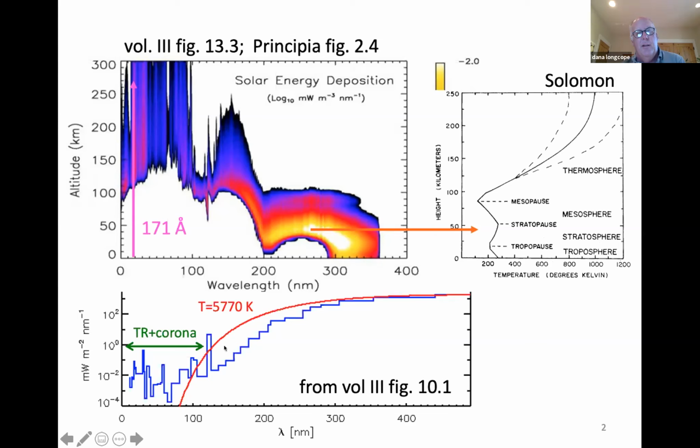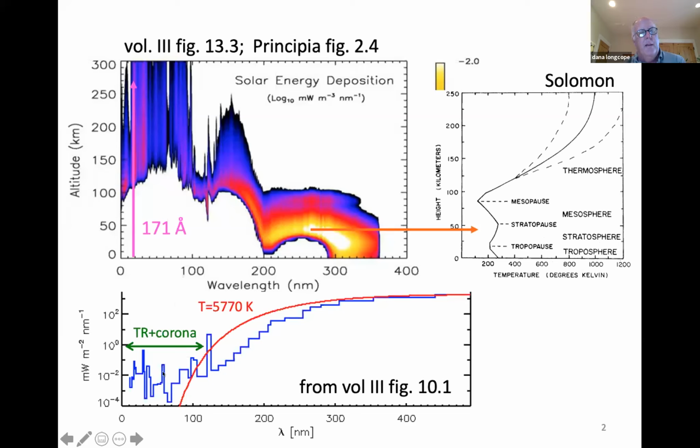And then the bottom figure is the spectrum in blue of solar radiation against the same wavelength scale. I tried to match it up using PowerPoint, and you can see a black body spectrum at the rough temperature of the photosphere. The sun departs from that, but we do get a lot of emission down at what we call extreme ultraviolet wavelengths. Sorry, these are ultraviolet wavelengths.